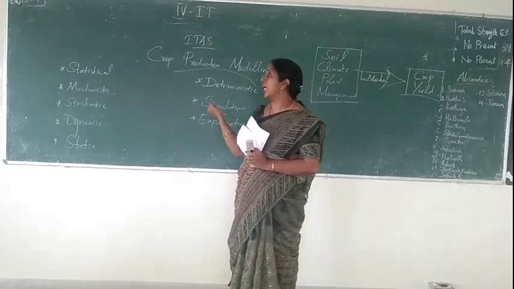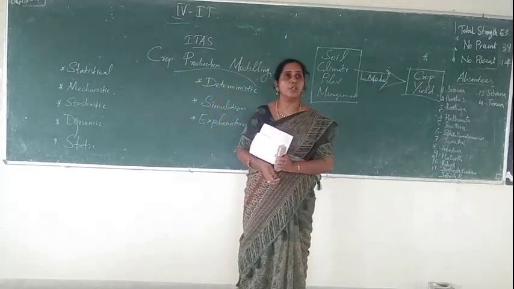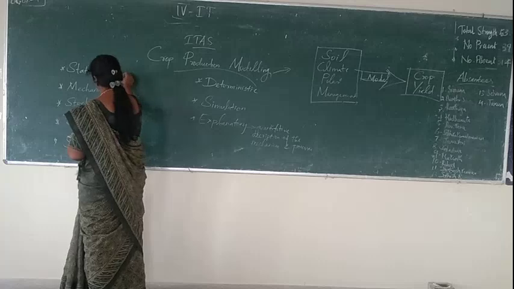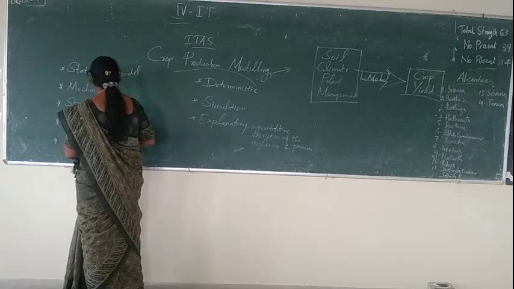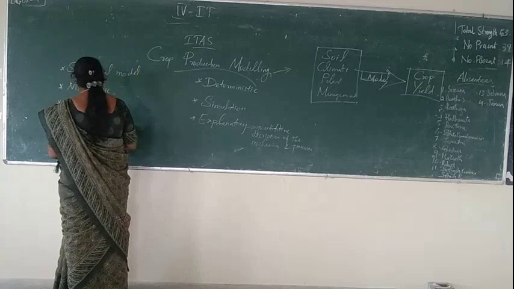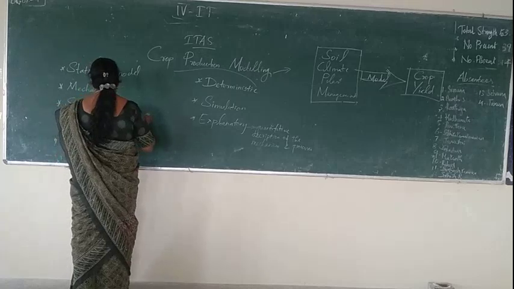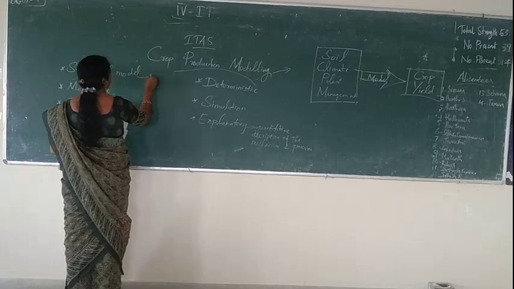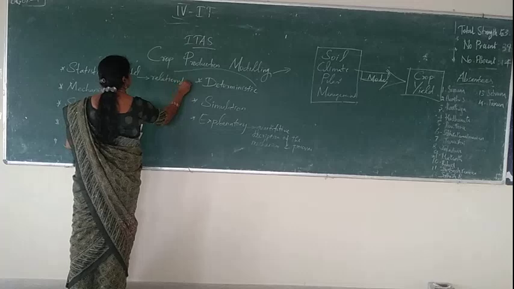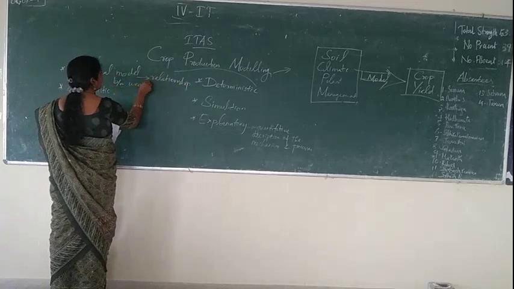There are various types of models used. The first model is the statistical model. The statistical model represents the relationship between weather parameters and yield.